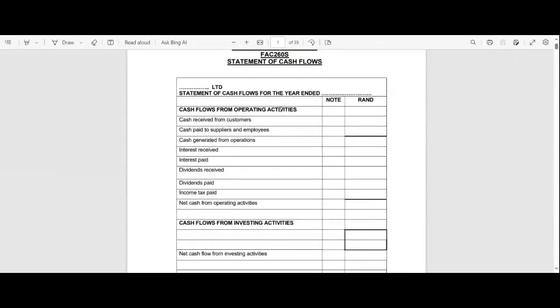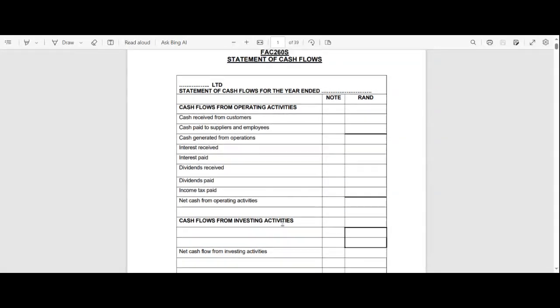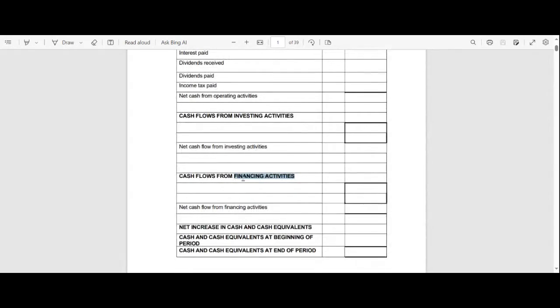It's operating activities, which we are going to be discussing soon. It's investing activities, which we are also going to be discussing. And then it's financing activities. So those are clear activities where you can either receive money from that activity or you can spend money in that activity.